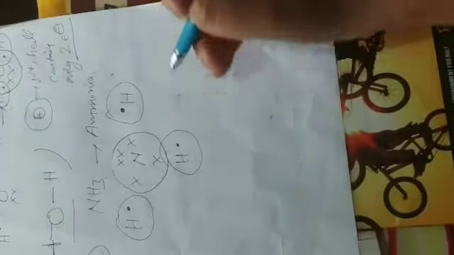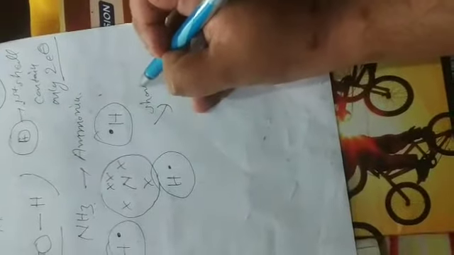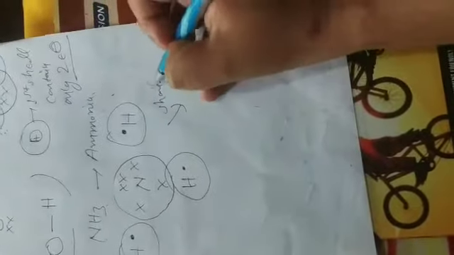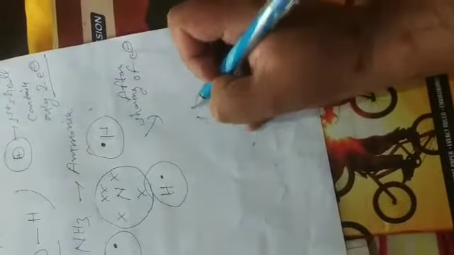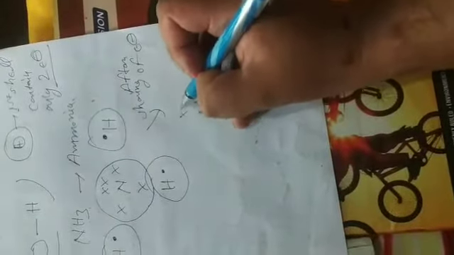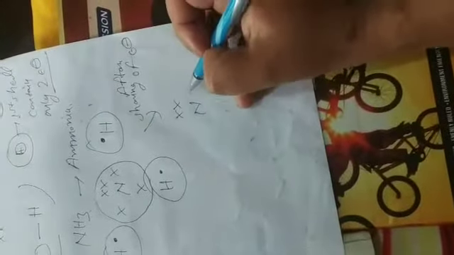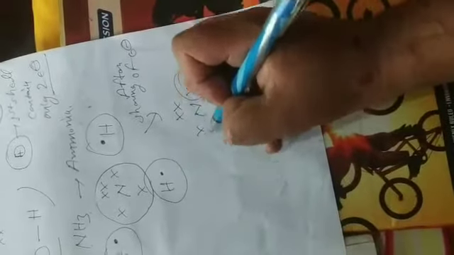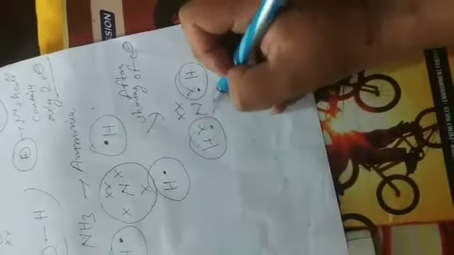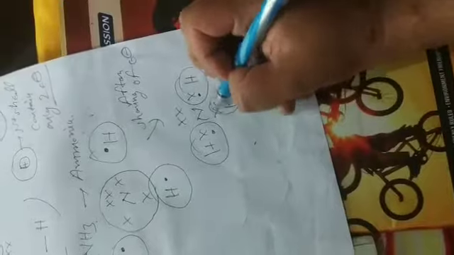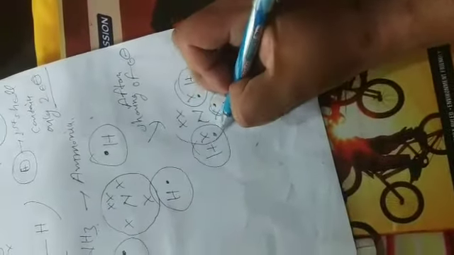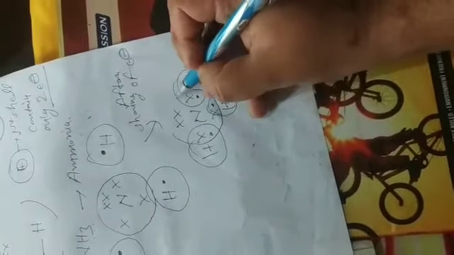So the sharing of electrons takes place. After sharing of electrons, ammonia is represented like this.